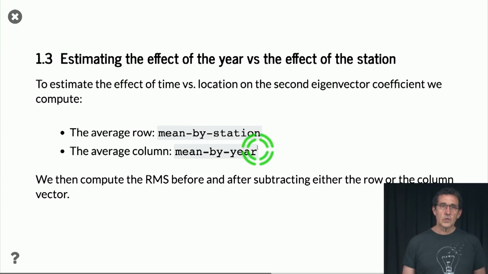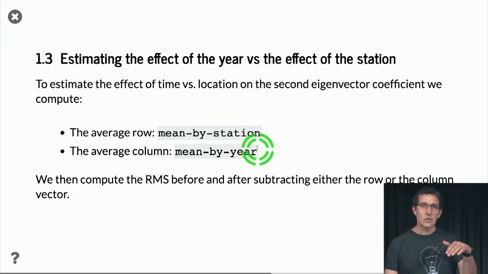So what we can do now is see how much each individual year differs from the prediction according to the average over the years, or the prediction over the columns.